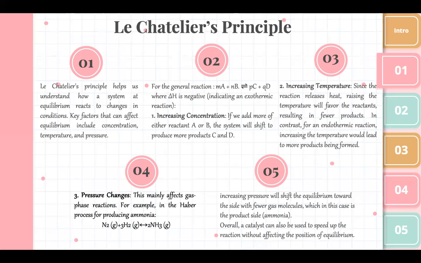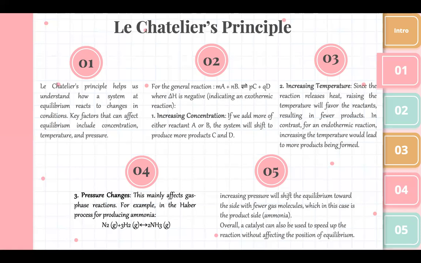Since the reaction releases heat, raising the temperature will favor the reactants, resulting in fewer products. In contrast, for an endothermic reaction, increasing the temperature would lead to more products being formed. Factor 3 is pressure changes. This mainly affects gas-phase reactions, for example, in the Haber process for producing ammonia.